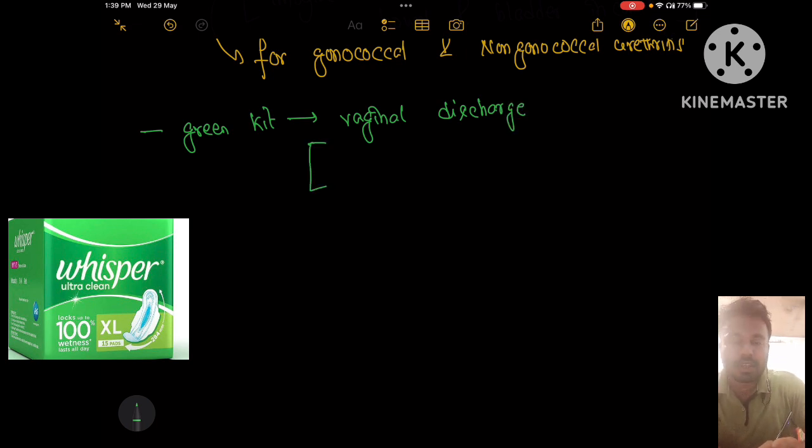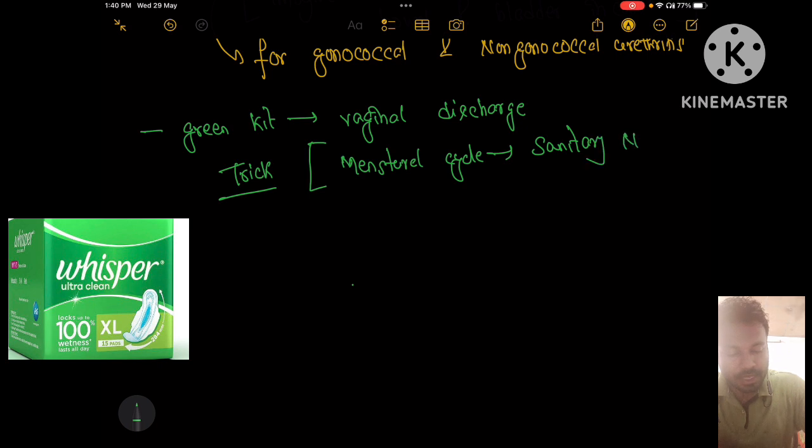During the menstrual cycle we use sanitary napkins, and vaginal discharge occurs.